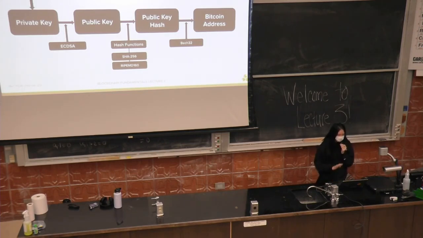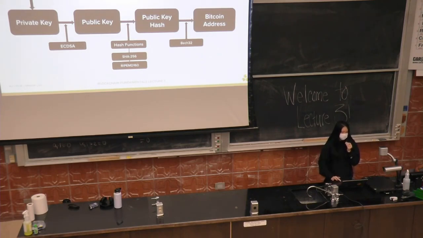Okay, if there are no other questions, I will continue for the sake of time. So this is just a conversion summary. If you start with a private key, you use ECDSA to create a public key, but it's actually a little bit more complicated because the Bitcoin network wants to be a little bit more secure. So they'll basically do double hashing again to create a public key hash.